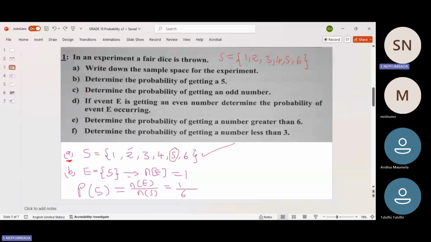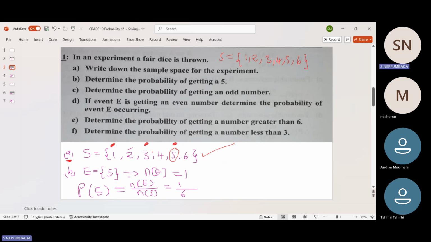The third question says, determine the probability of getting an odd number. Odd numbers are 1, 3, 5, 7, 9. How many odd numbers do we have in this sample space? We've got 1, 2, 3.